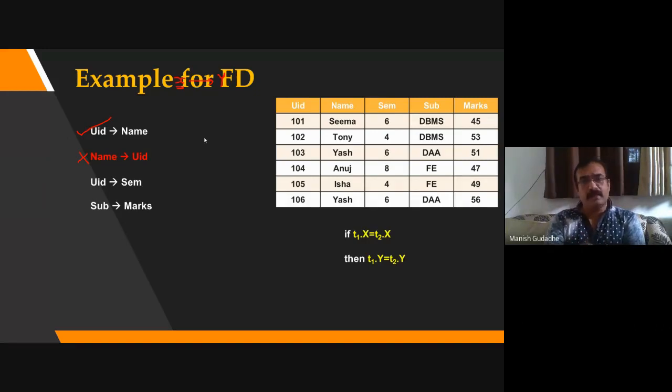Subject marks will be there only if the student is taking a subject or appearing for the exam of that subject. So subject can determine marks; that FD exists. Here you can see subject is not a primary key, but marks are dependent on subject. Not only subject, marks are dependent on many other things also, but they are dependent on subject. We need to have a value of subject, then only you can get the marks.